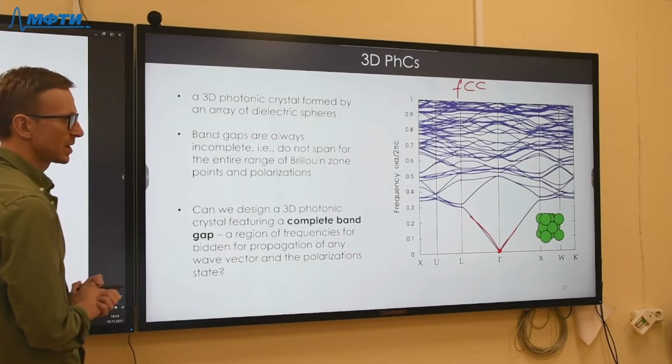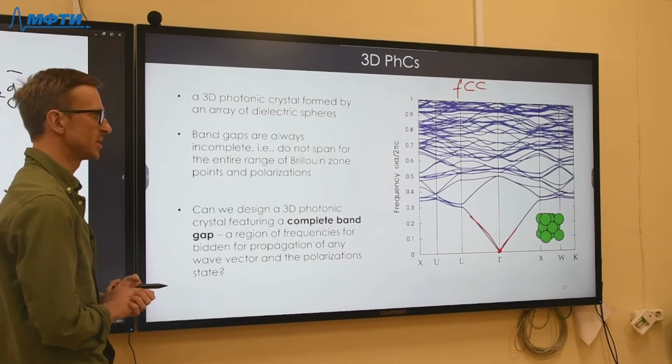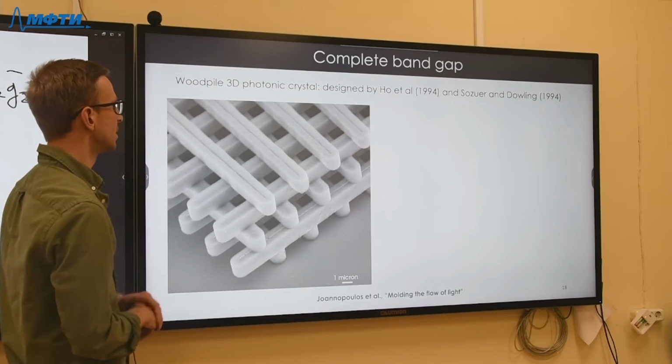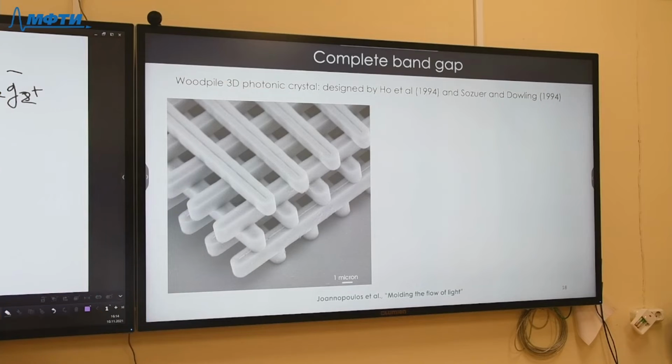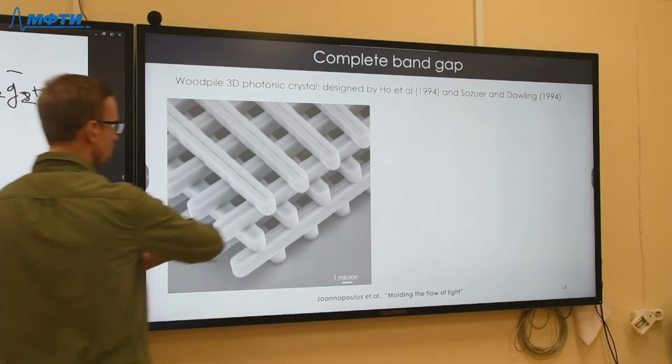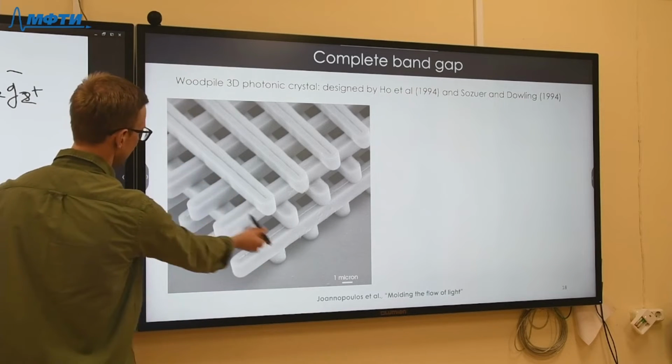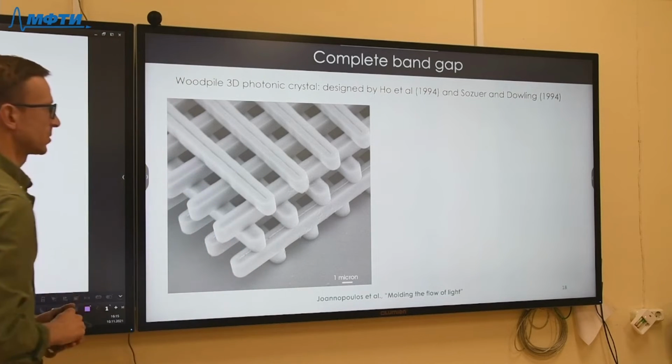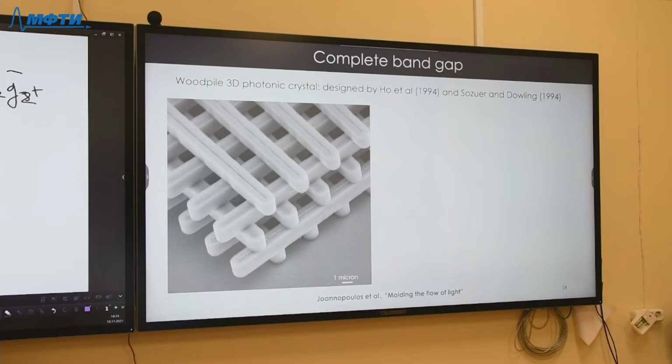And let us actually look at examples of photonic crystals that do feature complete band gaps. One example is given by the so-called woodpile structure. It's like a periodic arrangement of logs: logs arranged in one direction, then a layer of perpendicular logs, and so on and so forth. And these logs are typically dielectric.